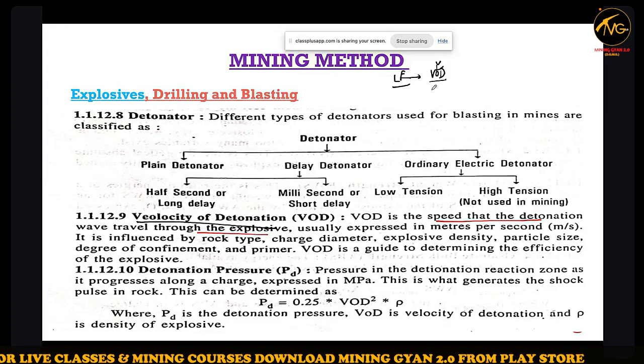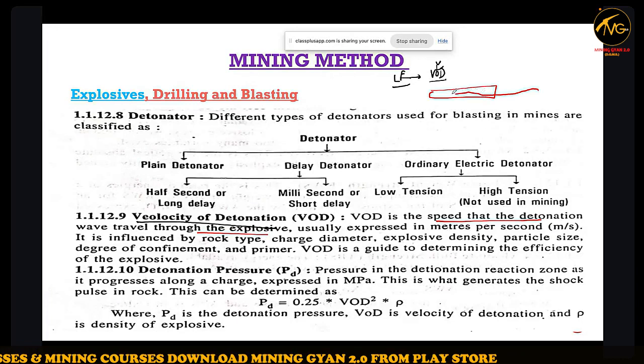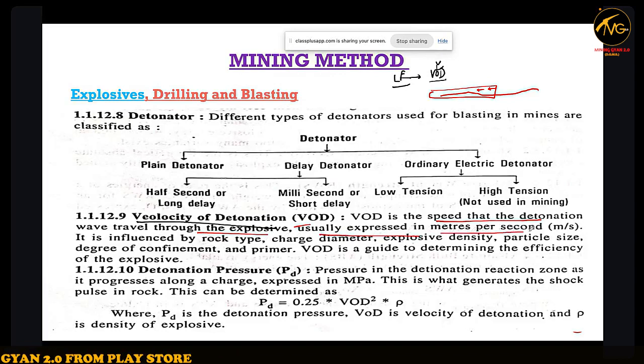That means if this is your explosive, it will burn. So the speed that detonation wave travels through explosive, usually expressed in meter per second, ms में लिखते हैं.